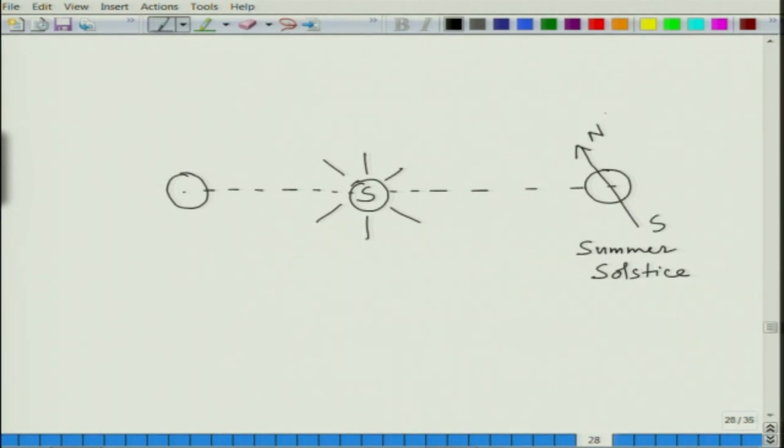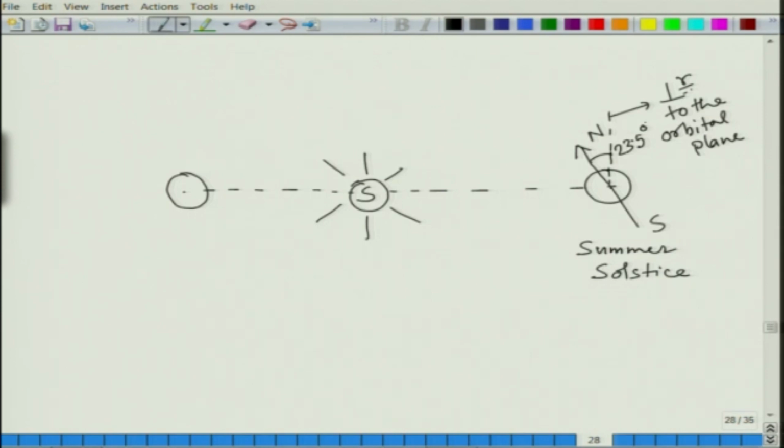If this is the perpendicular to the orbital plane, this tilting angle is 23.5 degrees.